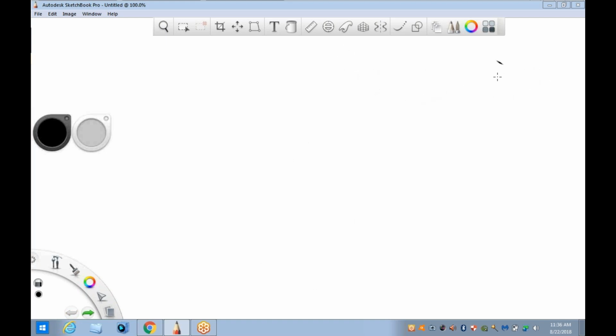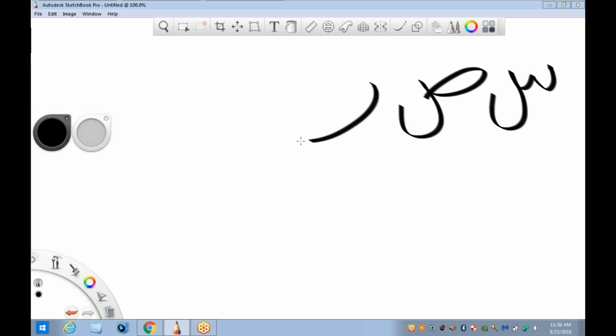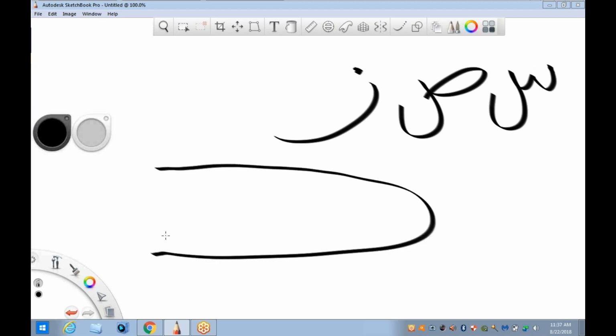The three letters that come after this are what? Sin, sod, zai. This comes from the tip of the tongue, but it's not like the tip of the tongue we've been dealing with previously.